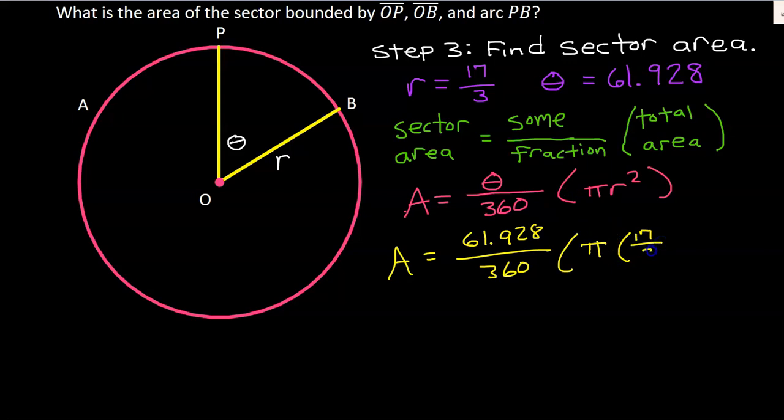So I'm going to have 17 over 3 squared. And this is it. I'm just going to put this entire thing into my calculator, and that will give me the sector area.